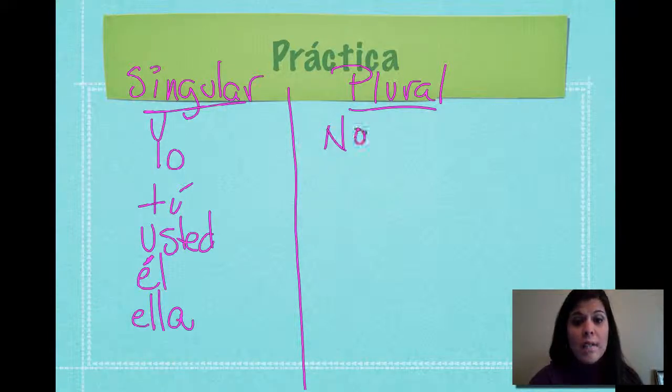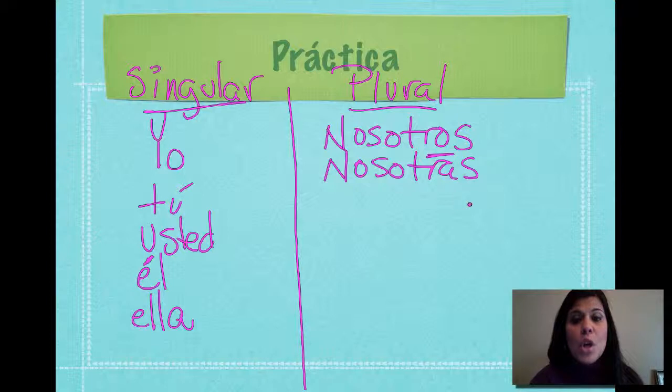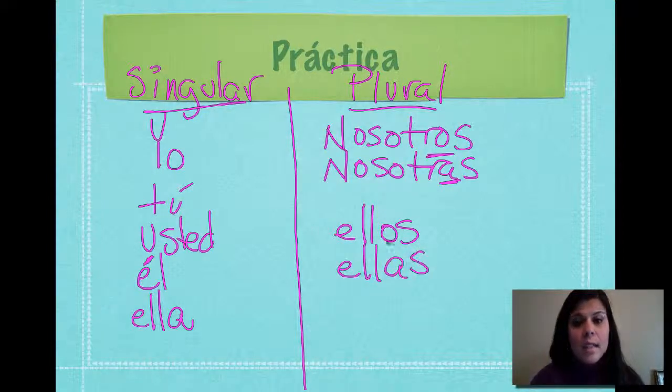We can have nosotros, or we can have nosotras. Now the O tells you that is masculine. The A tells you it is feminine. For they, we had two options too. We had ellos and we had ellas.